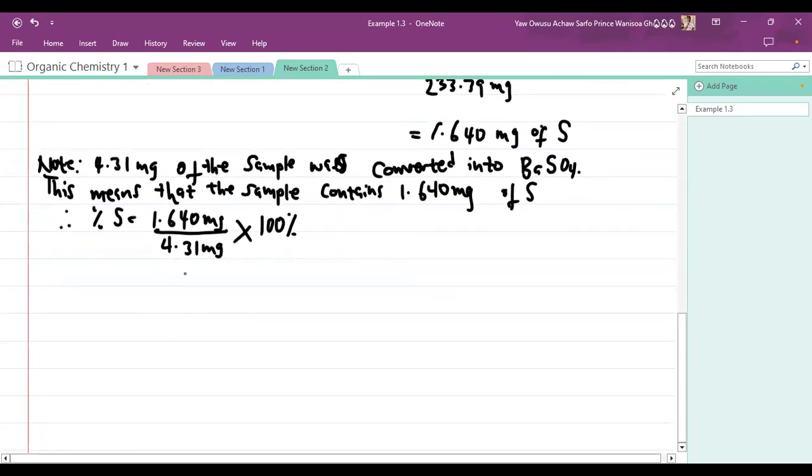So our percentage of sulfur will be 38.05%.